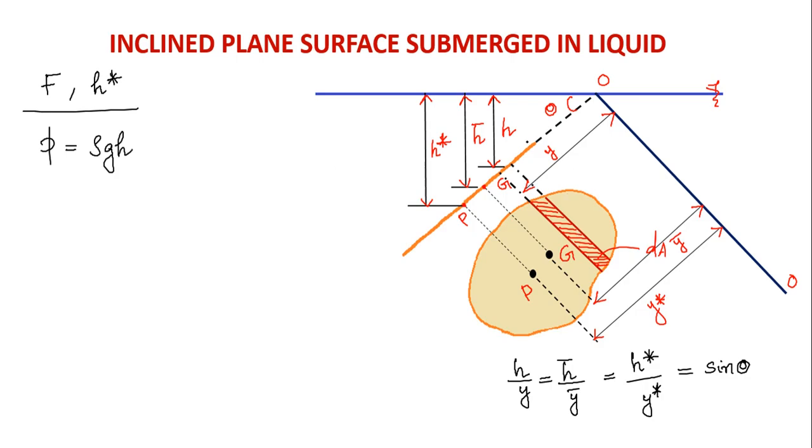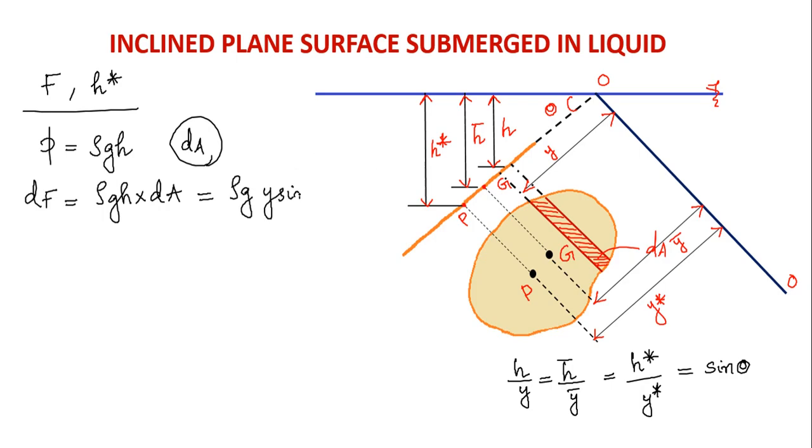The strip is located at a distance h from the free surface and dA is the area of the small strip, so the pressure force is rho g h dA. From the relation above, h is equal to y sine theta, so we can write it as rho g y sine theta dA. In order to calculate the pressure force on the entire surface, we need to integrate this expression. So the total pressure force F is equal to integral dF, which is equal to integral of rho g y sine theta dA.